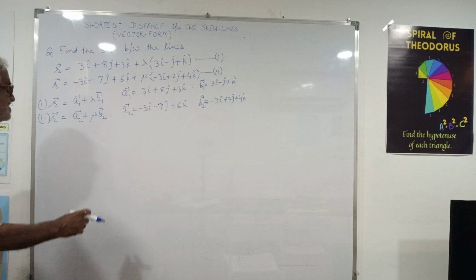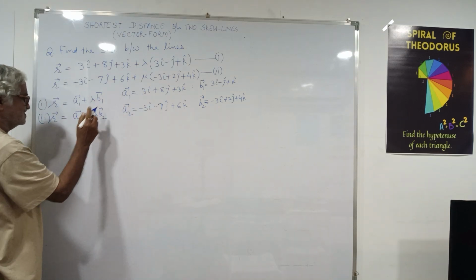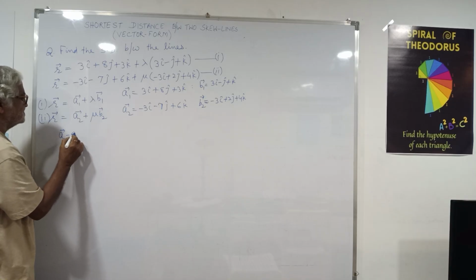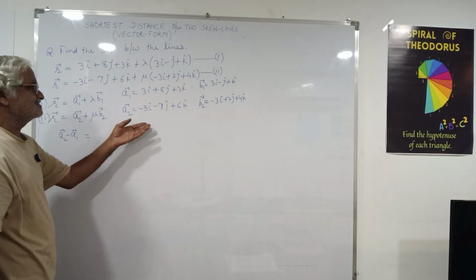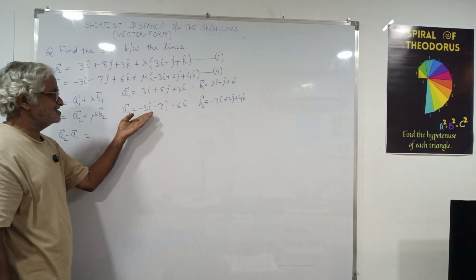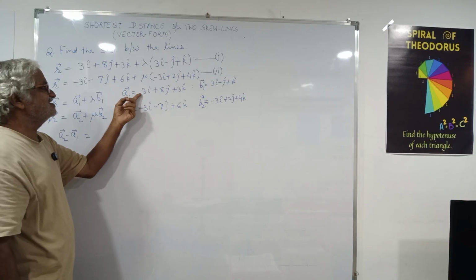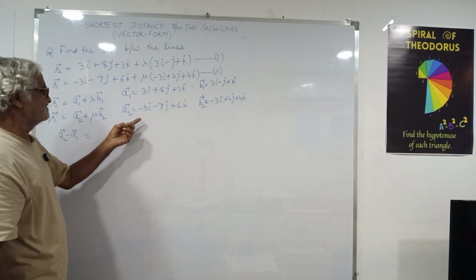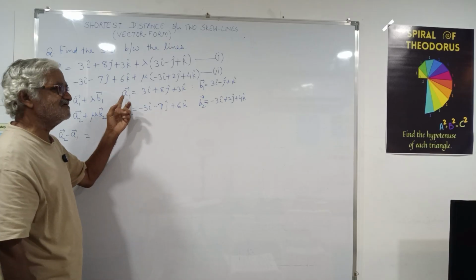So we need a2 minus a1 vector. So find a2 minus a1. a2 vector minus a1 vector. Look cautiously. Minus 3 minus 3. Position vector of a2 minus position vector of a1.